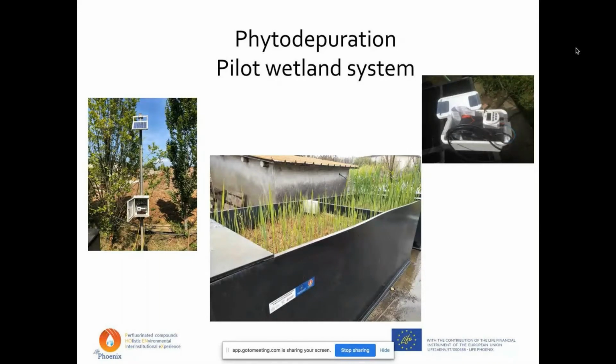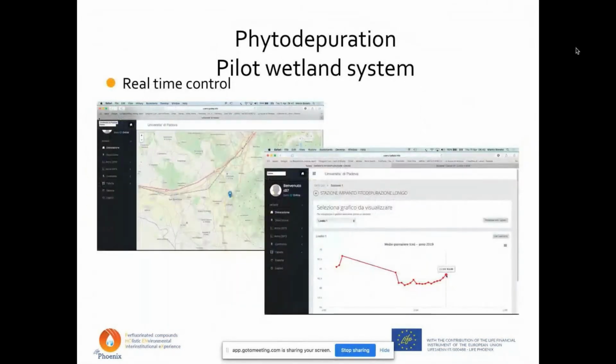It was not possible to perform these continuous flows because it would spend too much energy from the power supply. So we decided to have different pumping timing to pump water into the system, and consequently the flowing out of the system. All the system has real-time control for remote operation.